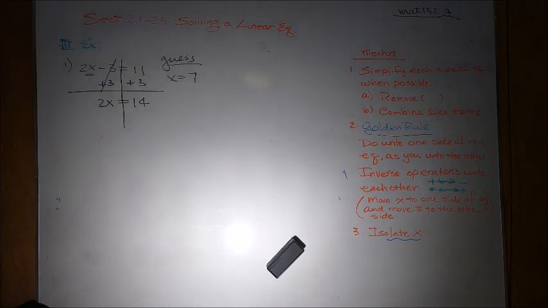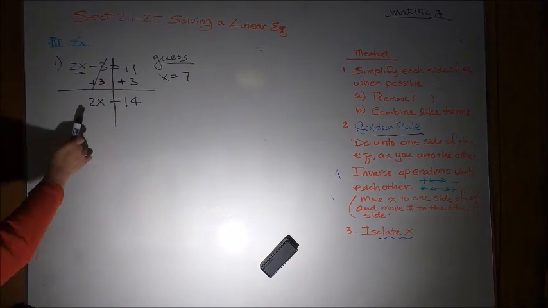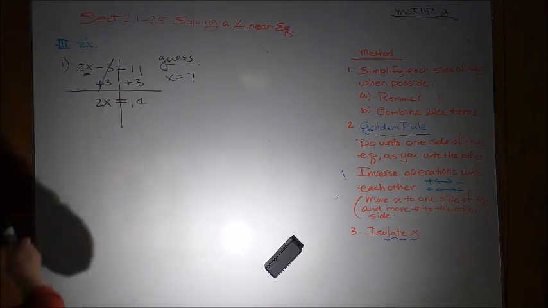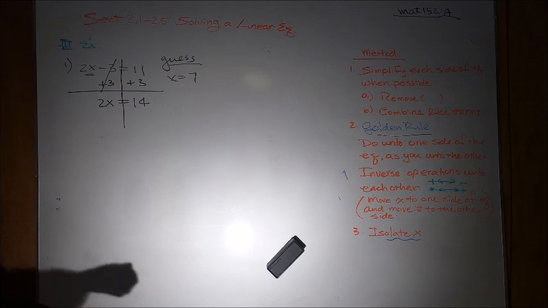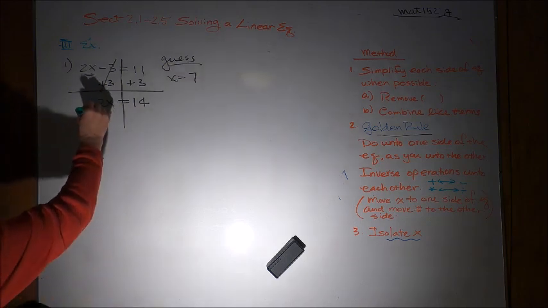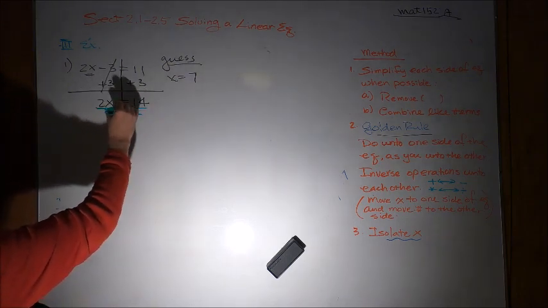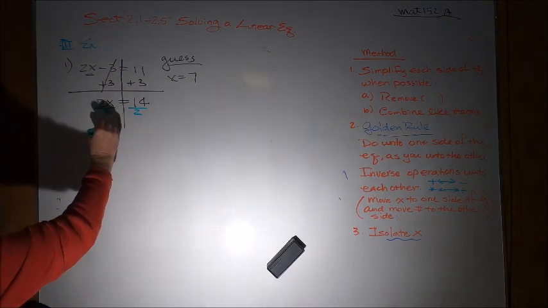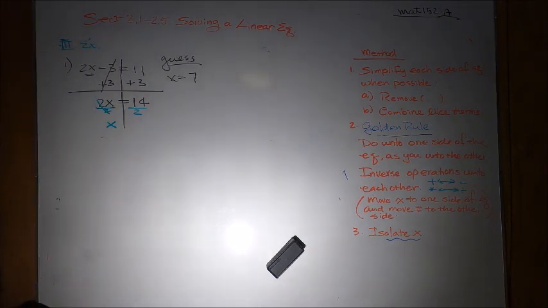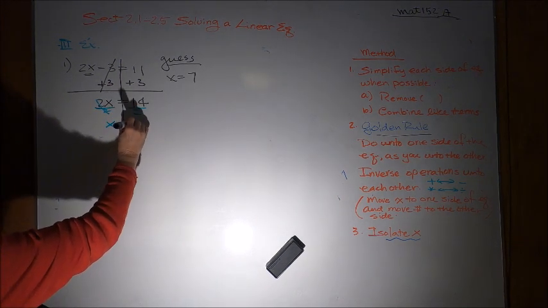Then we want to get x by itself. We need to get rid of the 2. Between 2 and x, it's a multiplication, so we do the inverse operation, which is what? Division. So you divide by 2, right? Then you get x by itself. That would be 7.